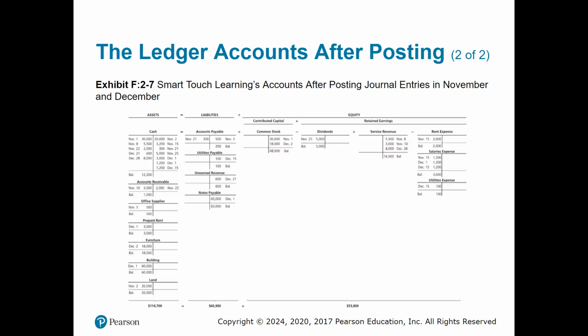Okay. So once we know what the end balances are for each of those, we just grab them all and put them into a list format so we can see them more clearly.